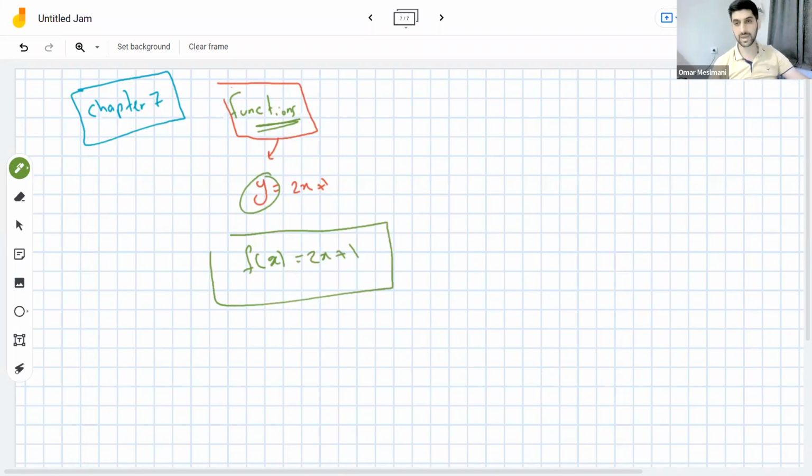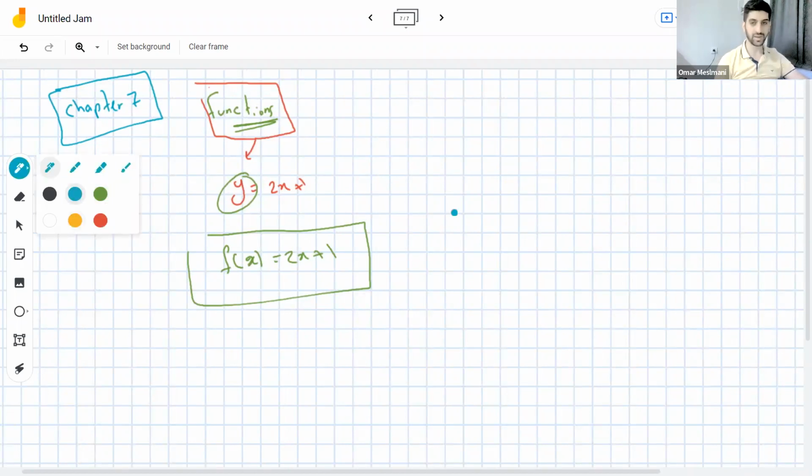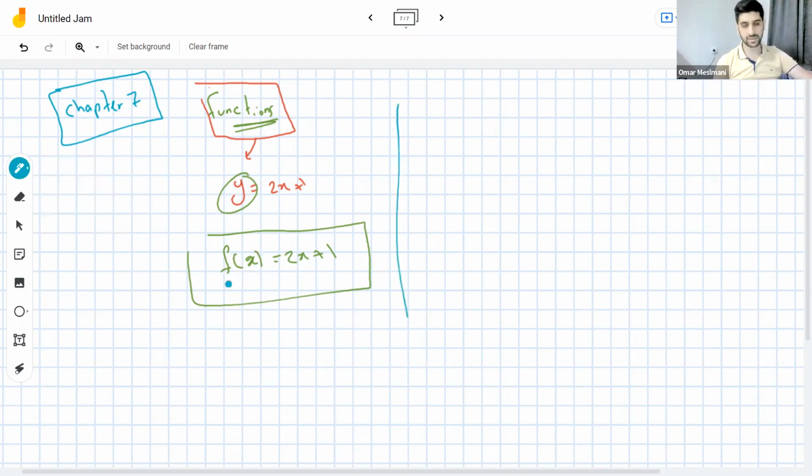All right. So again, now we don't have any y's anymore. I have f(x) instead of y. So sometimes, as an example, f(x) equals 2x plus 1. Sometimes it's going to ask you to find f(3). What does it mean to find f(3)?